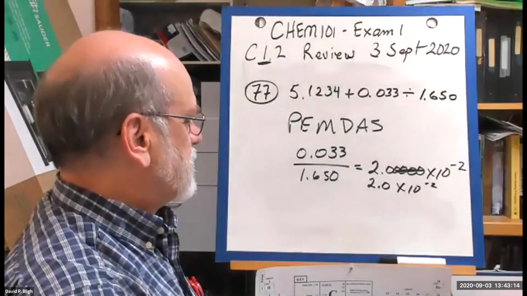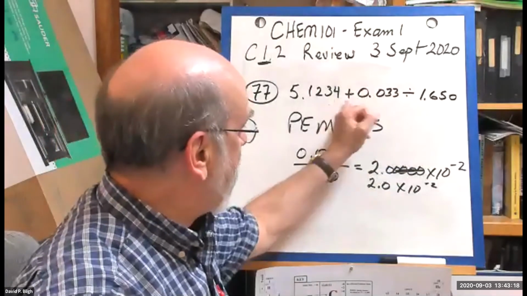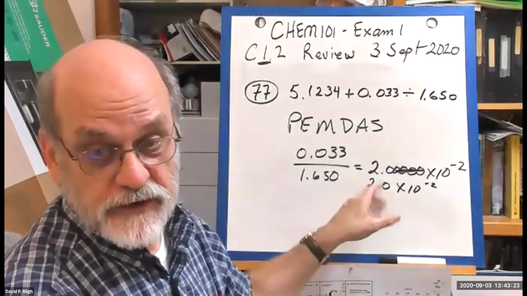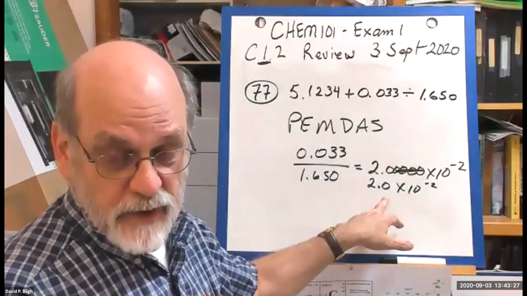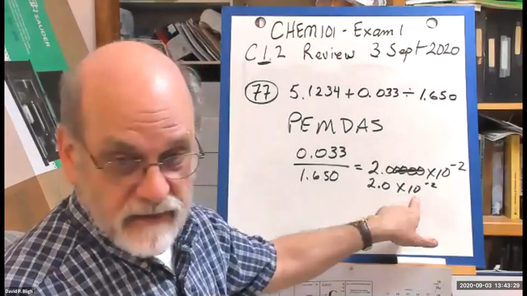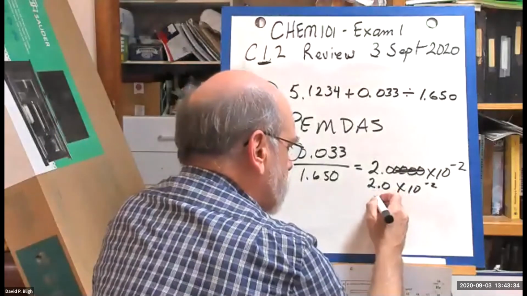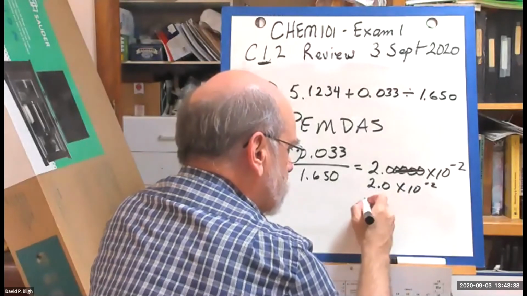Okay. Now, the next operation that's left is add, so we have to add this one to that one. This one needs to be converted to standard notation so we can line up the decimals. You can't line these decimals up because part of the number is buried in the power of 10. So this is going to be 2 to the left.